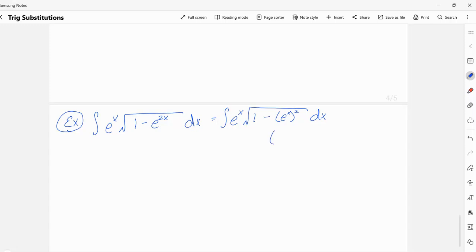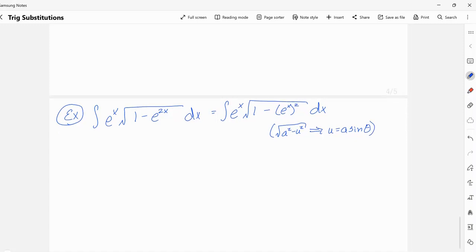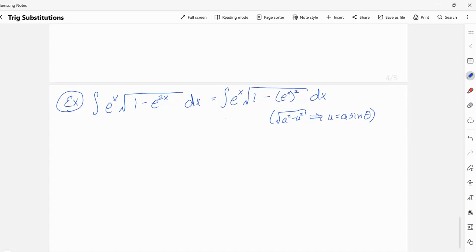So this is in the form of the square root of a squared minus u squared, which means we're going to let u equal a sine theta. So our u is e to the x.